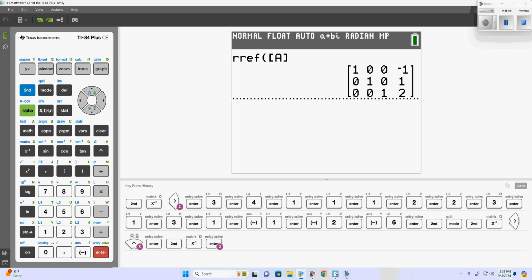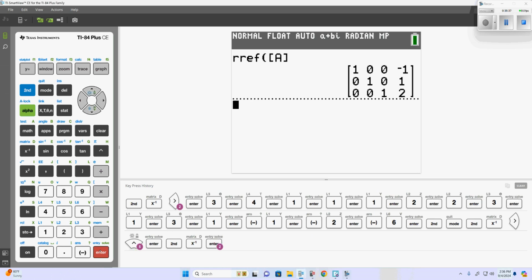Enter. Wait, I pushed enter. You did something. So 1, 1, 1, 2, 2, 3, 1, 3, 1, negative 1, negative 2, negative 6.